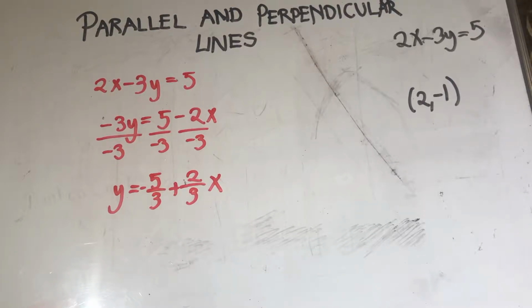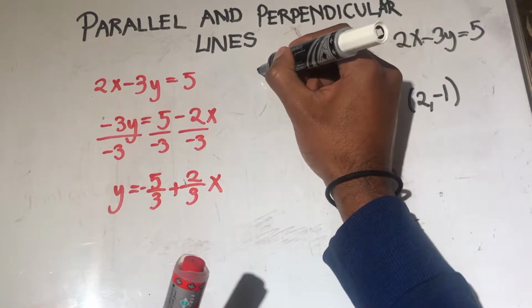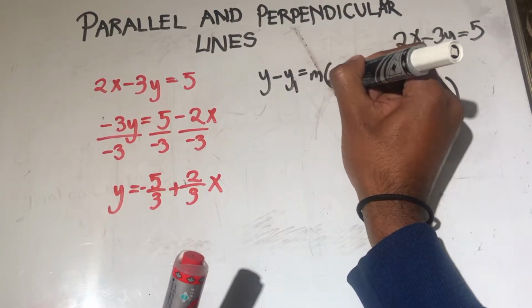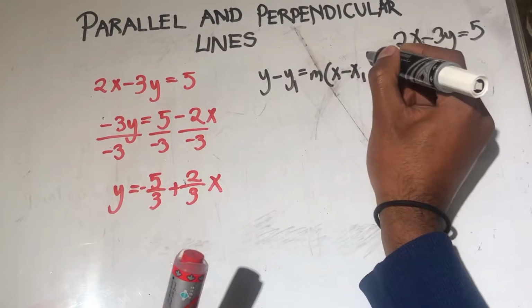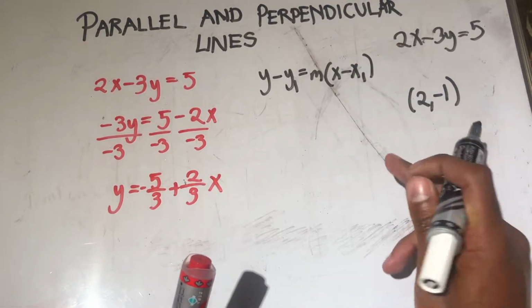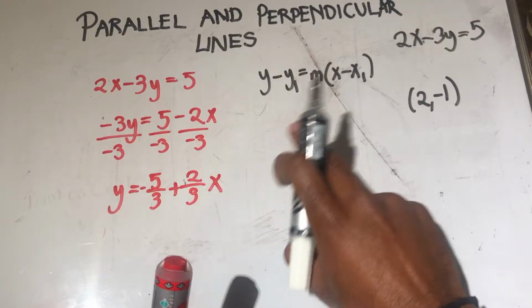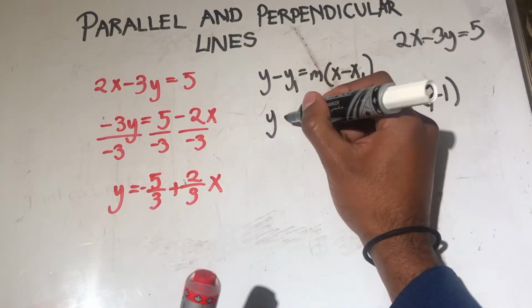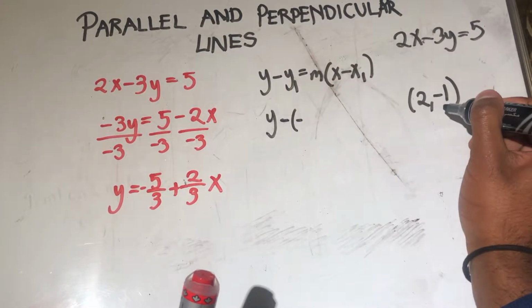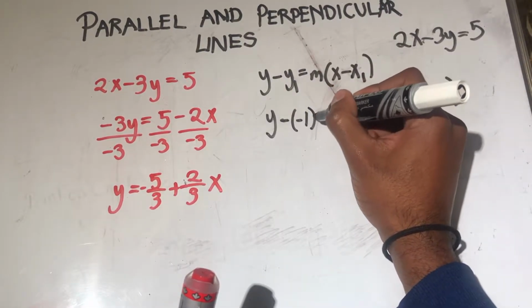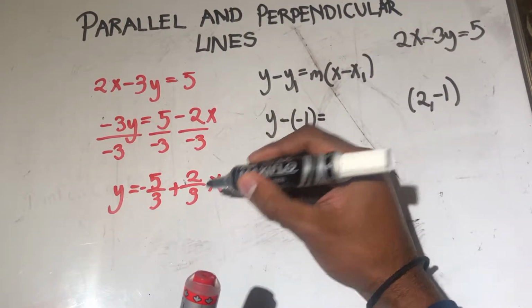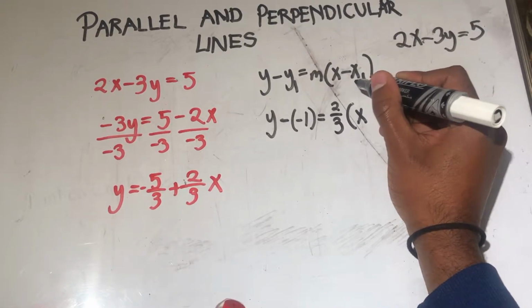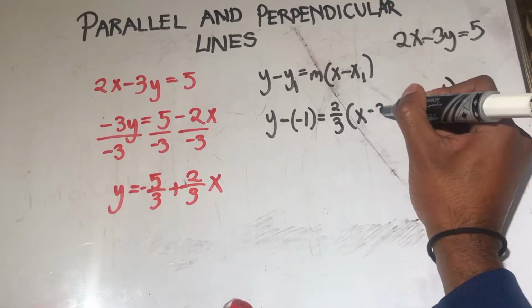Now using the point-slope form, which is y minus y1 is equal to m times x minus x1, if we use this slope and those points, we're going to get y minus y1, which is -1, is equal to the slope 2/3 times x minus x1, which is 2.